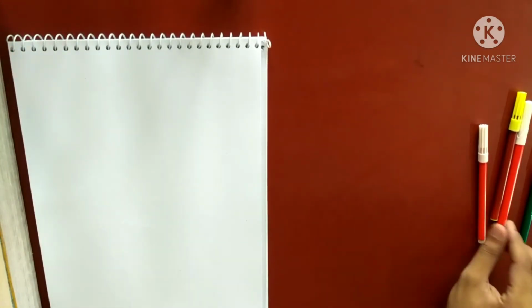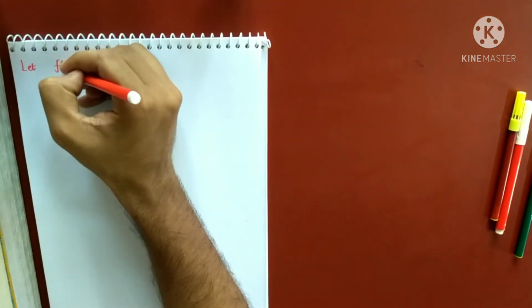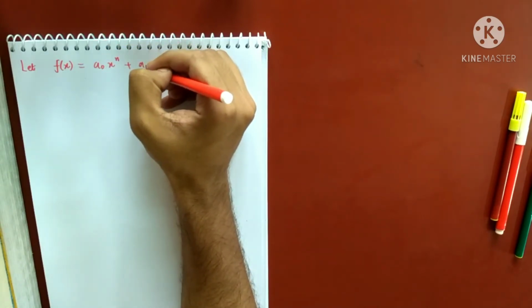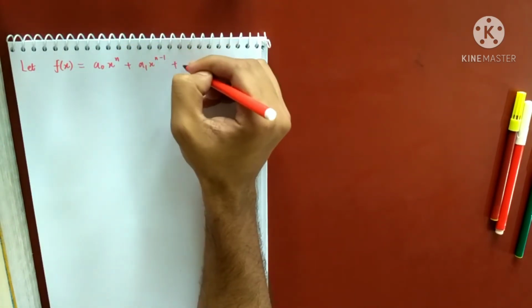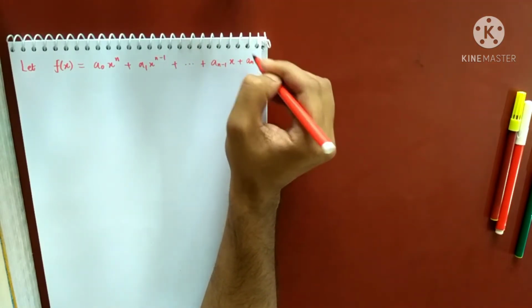So again, in the same way, let's assume any polynomial of degree n. So let fx equal a0 x to the power n plus a1 x to the power n minus 1 plus dot dot, the second last term is an minus 1 x, the last term is an.